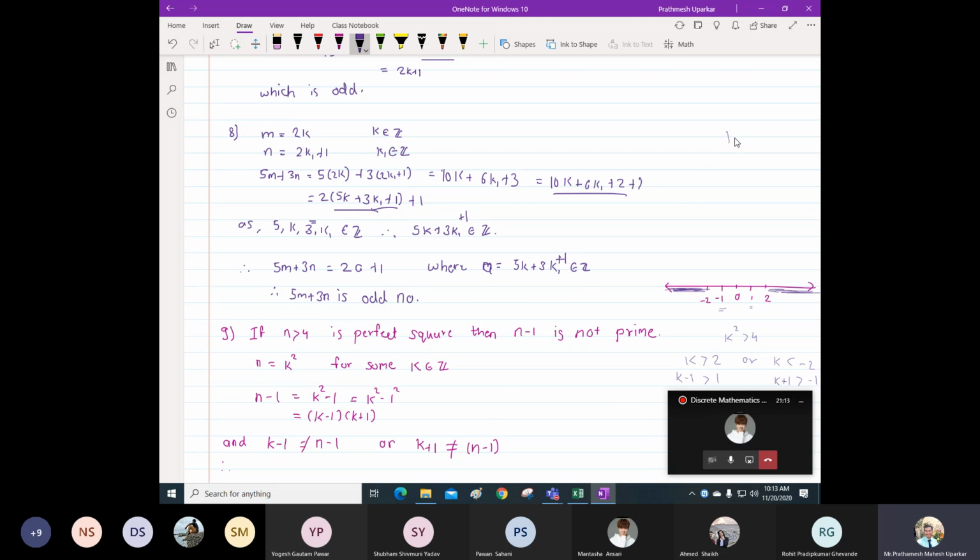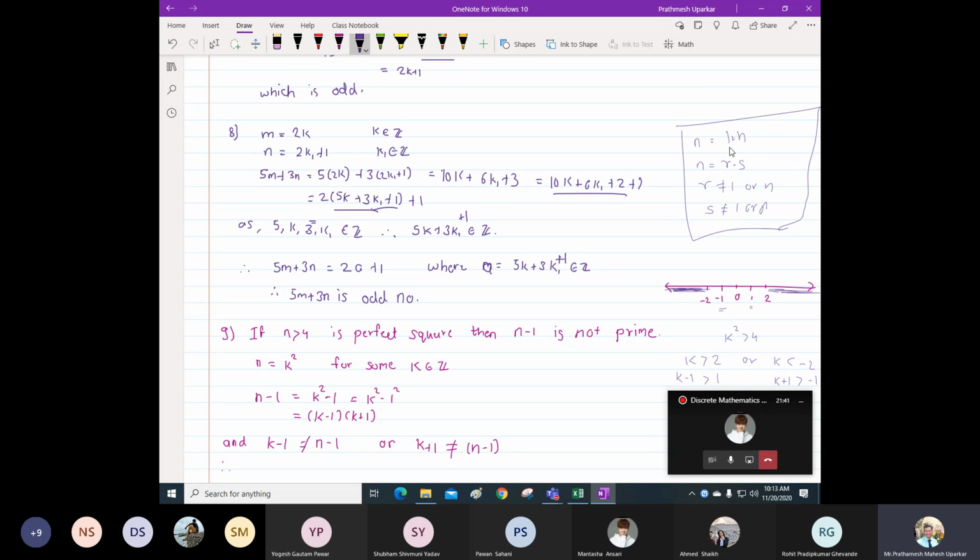We want the product to be only of this form. If you can write n is equal to 1 into n, only this factorization is possible, then we say that it is prime. If you can write n is equal to r into s, where r is not equal to 1 or n, and s is not equal to 1 or n, then we say that n is not a prime number.